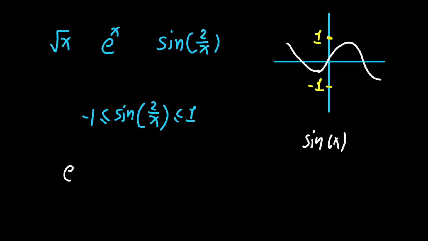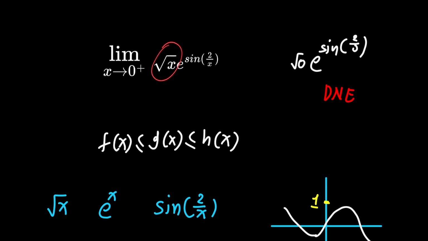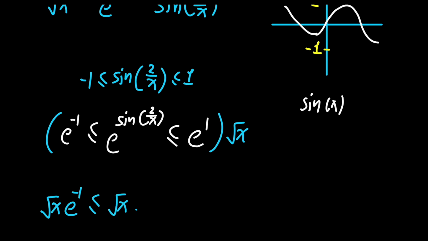So e to the power of -1 less than e to the power of this sine function, and then less than e to the power of 1. Now, what we're missing is this radical function, so we just simply multiply by this radical function. So it will be radical x, and then this middle function, then this last one.